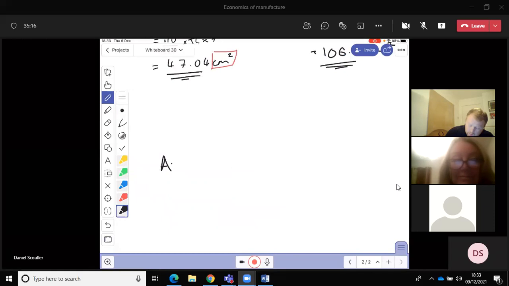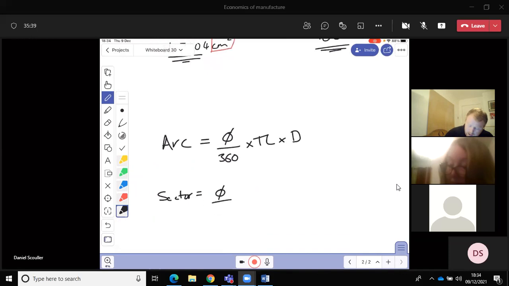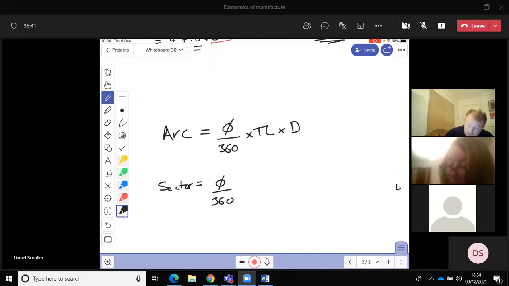Okay, arc equals angle divided by 360 multiplied by pi multiplied by d. The area of the sector, sorry, equals angle divided by 360 multiplied by pi multiplied by r squared.